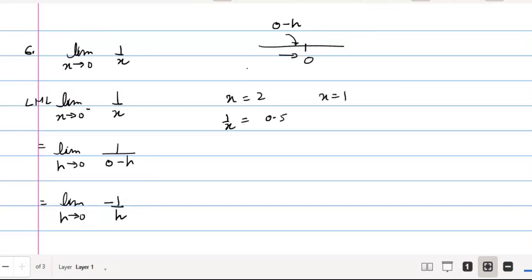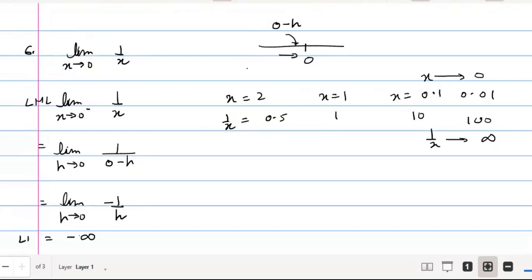When x is equal to 1, 1 upon x is equal to 1. x is equal to 0.1, this is 10. 0.01, that is 100. So as x is becoming 0, 1 upon x is becoming infinite. But because of this negative sign, what do we get? It is equal to negative infinity. So we have the left hand limit equal to negative infinity.